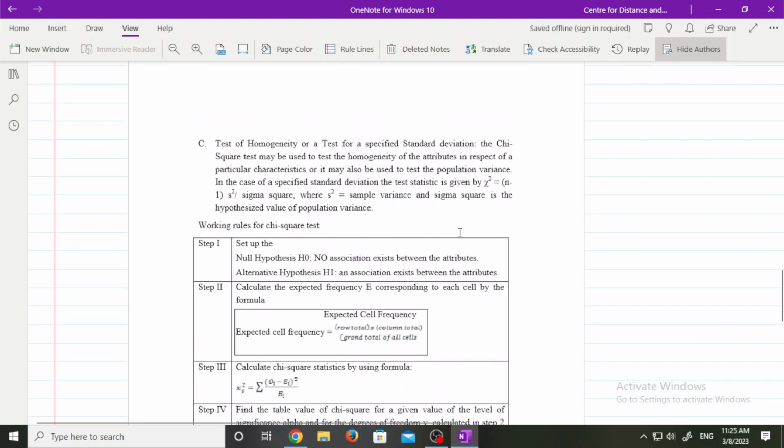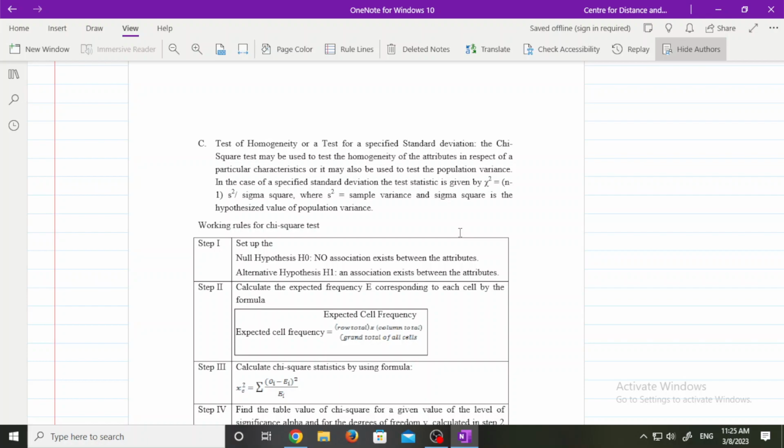Then, test of homogeneity or a test for a specified standard deviation. The chi-square test may be used to test the homogeneity of the attributes in respect of a particular characteristic, or it may also be used to test the population variance.